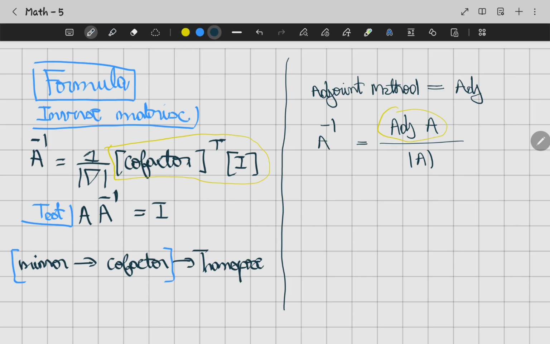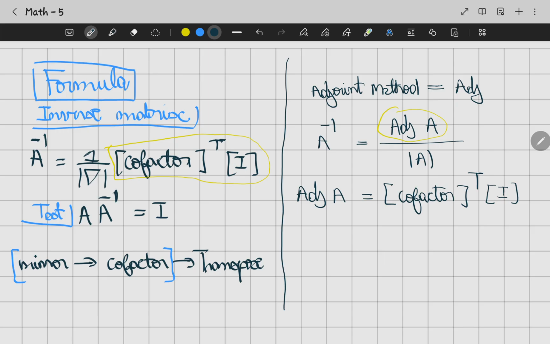So in simple terms, I can say the adjoint of A is equal to the cofactor transposition. And what you should know is what is inside the cofactor.